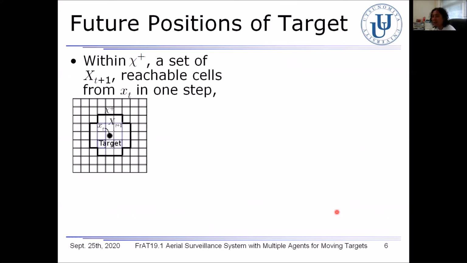After the calculation for all the candidate cells, the moving probability in each cell is averaged. For the averaged moving probabilities within a set of x_t+1, which are reachable cells from the current position x_t in one step, as you can see here. Okay.